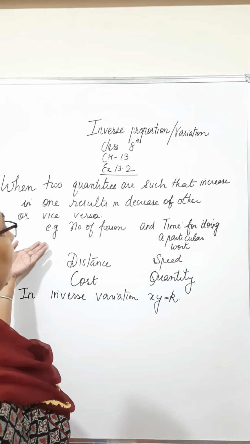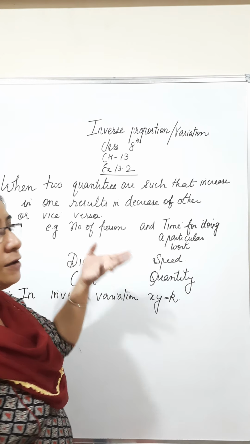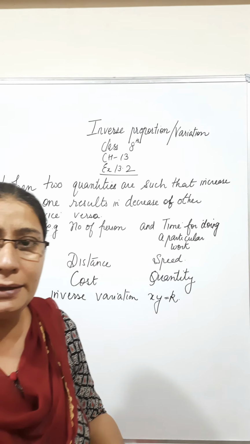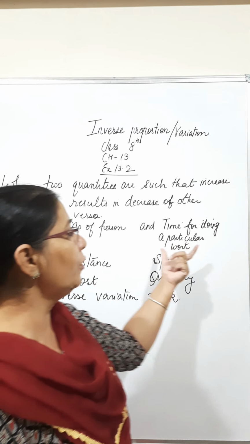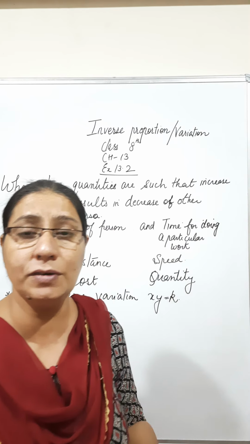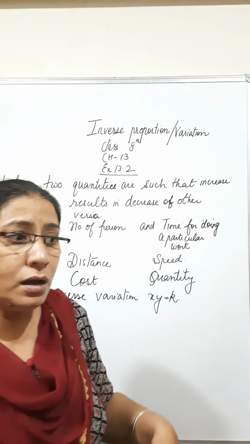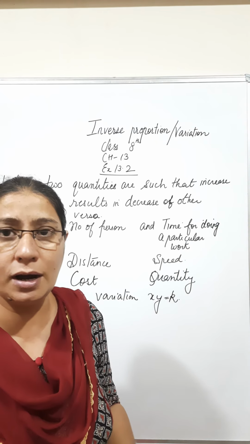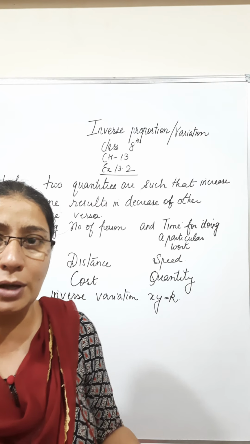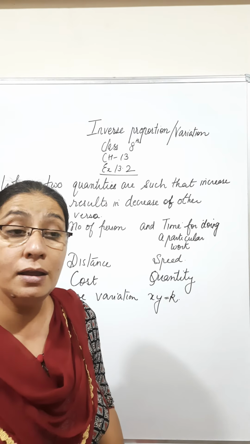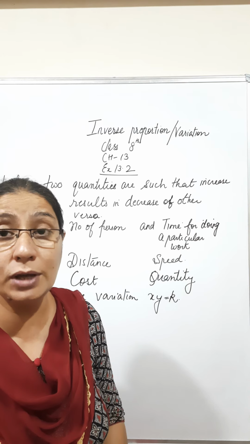For example, beta, if you have to get some work completed, the number of persons and the time for doing a particular work is an inverse variation. How? Suppose you have to clean your garden and you ask only one of the laborers to come and clean up your garden. Maybe he takes 5 hours to do that work.